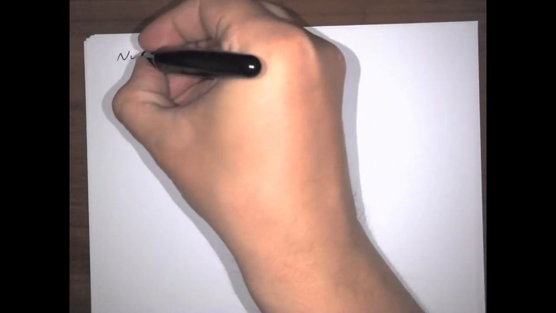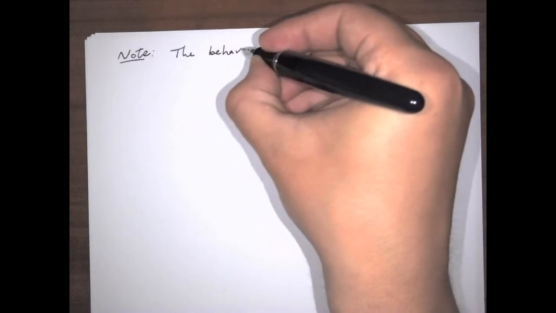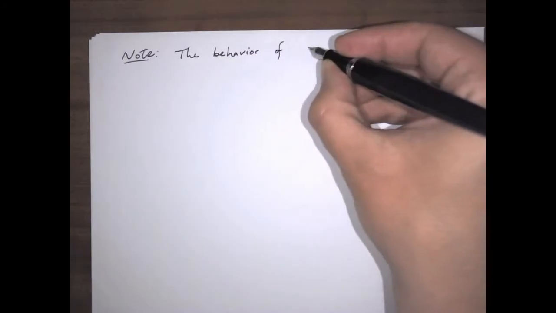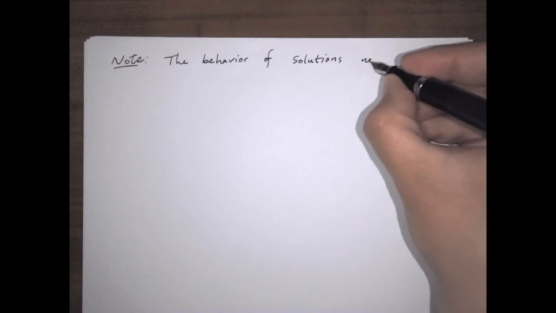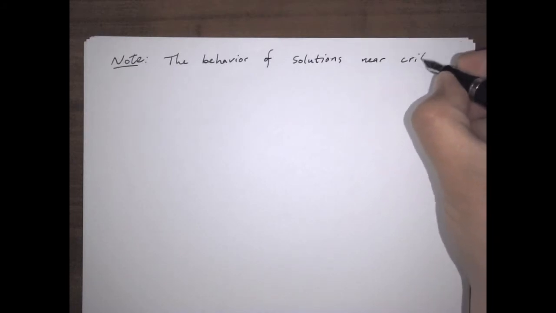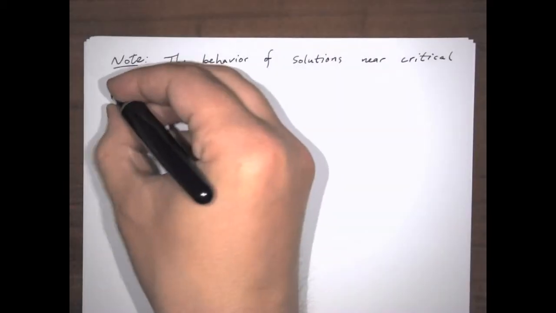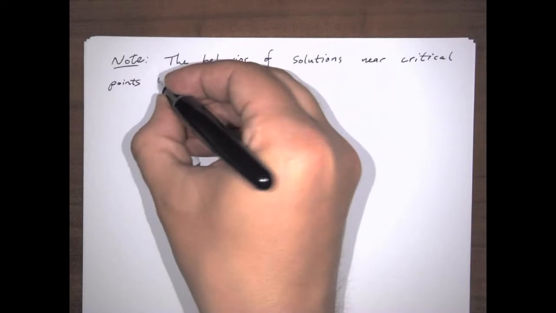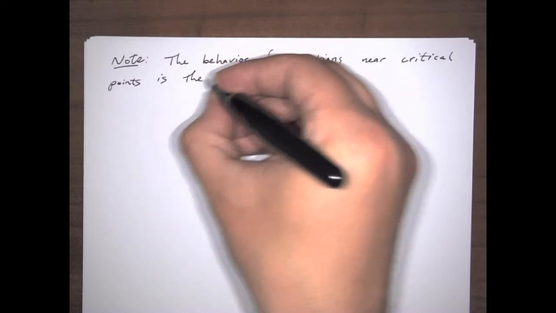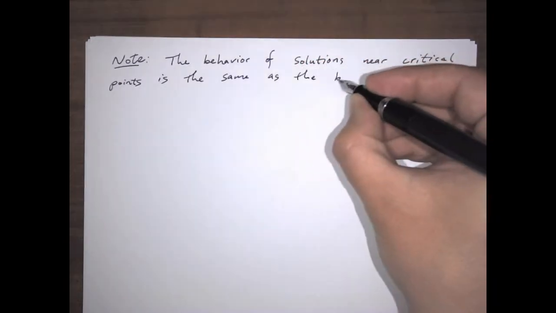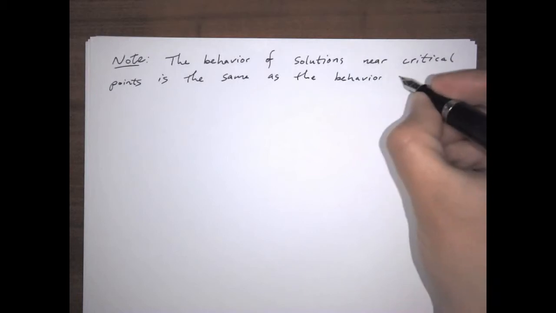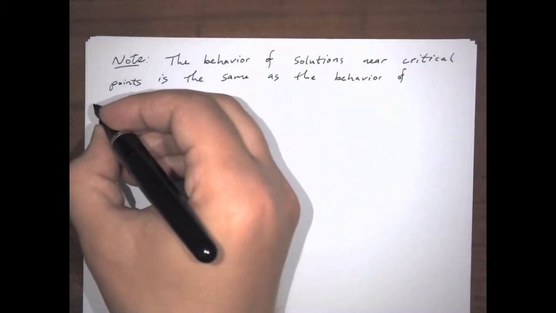And then note the behavior of solutions near critical points is the same as the behavior of linear systems near the origin.